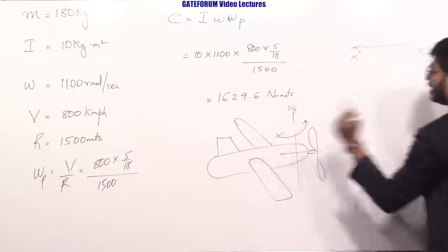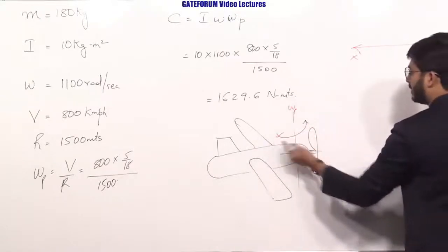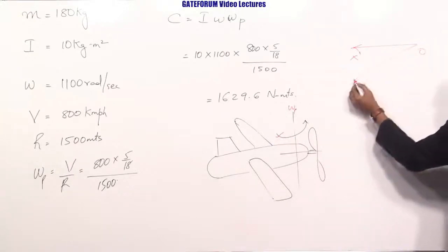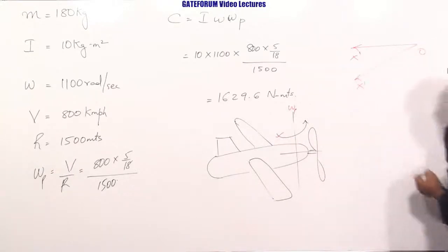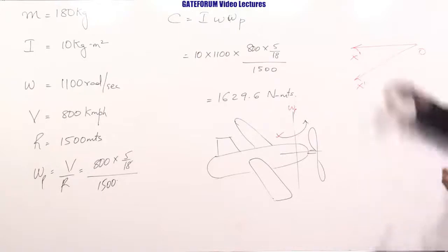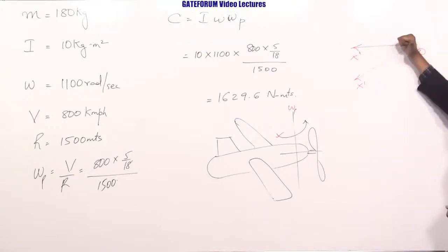This is rotating in clockwise direction, but with respect to here, it is rotating anti-clockwise. So here will be the vector OX dash, which will come out of the board when you turn this vector.